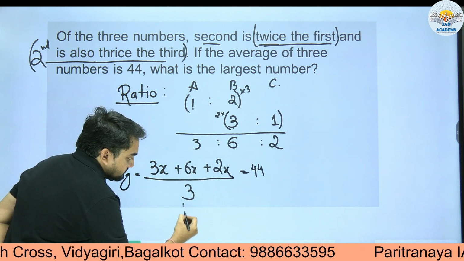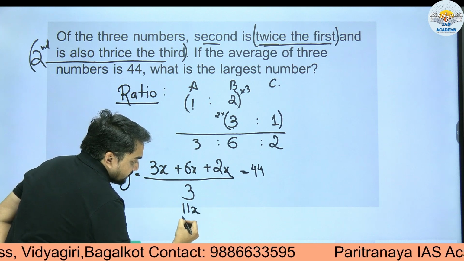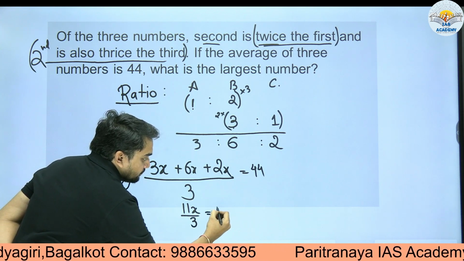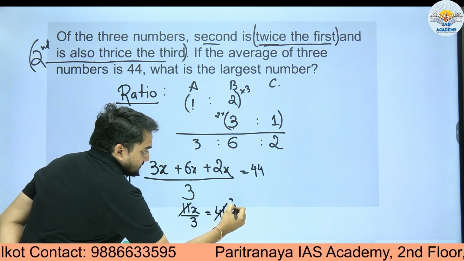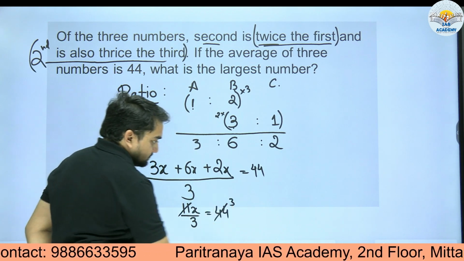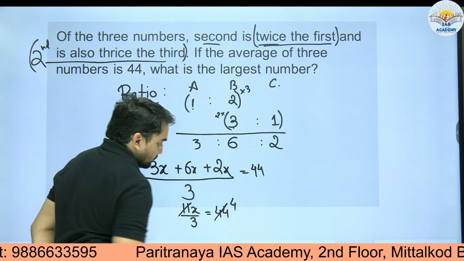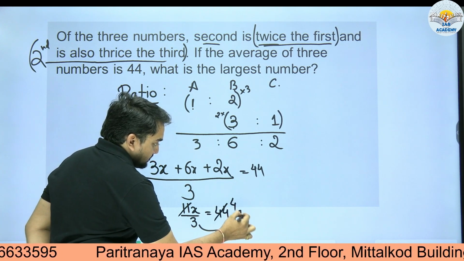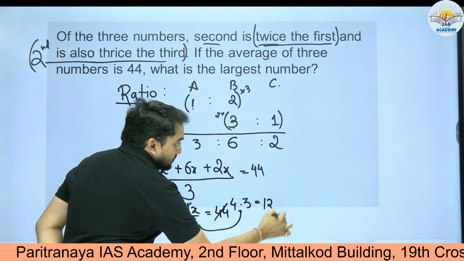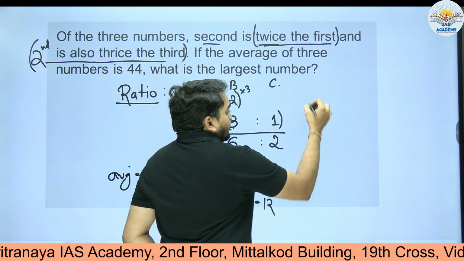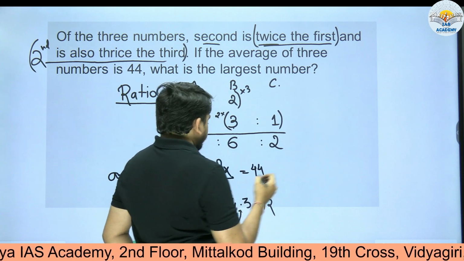So 11x divided by 3 is equal to 44. 11 cancels with 44, leaving 4. Taking 3 across, 4 into 3 is 12. Therefore I found that x is equal to 12.